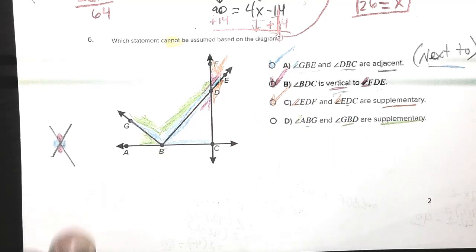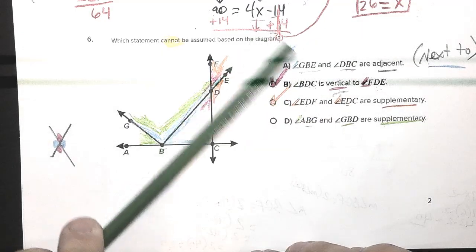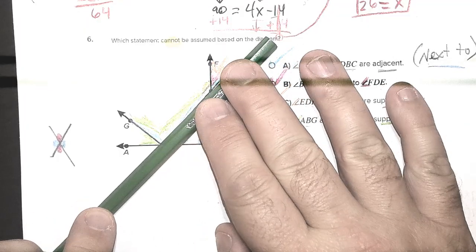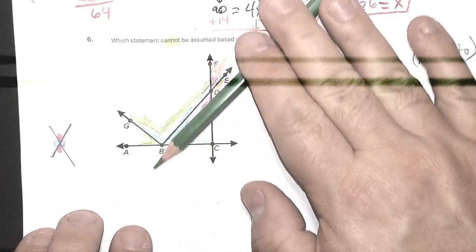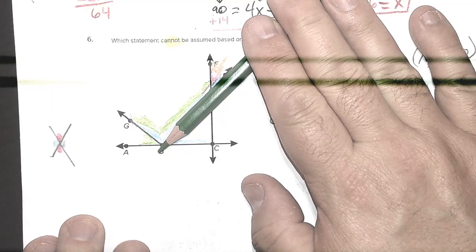All right, so now, what does it say? They're supplementary. So let's do the line test. Let me think about this. It doesn't go past there. It stops there.